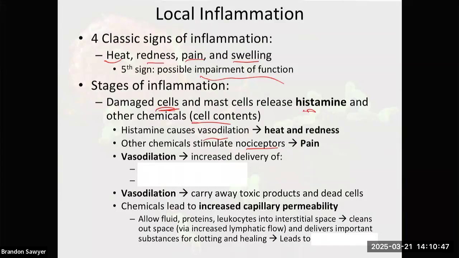And then the vasodilation that was caused by histamine is going to lead to delivery of a bunch more things to that area because we're sending more blood there. Okay. Some of those things are white blood cells, right? So we get more neutrophils, more monocytes there. And then also clotting substances, which is helpful too, right? So we're sending more clotting proteins. If we have a broken blood vessel, that helps to slow down the bleeding.